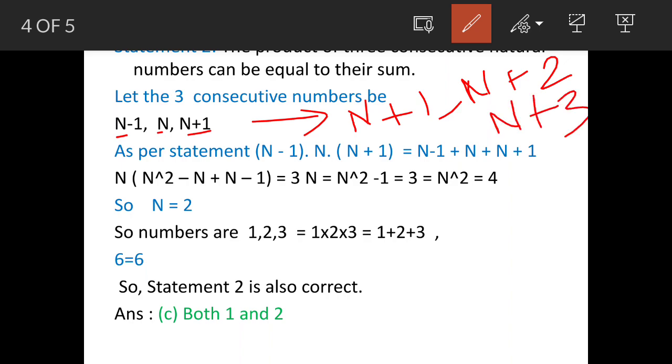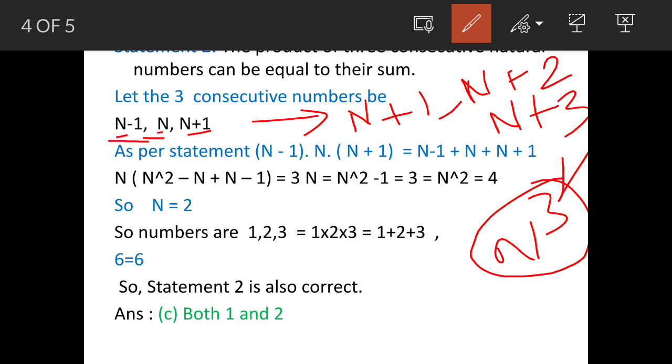The reason is that with that assumption, we'll get into n cubed, which means we have to find the cube root of n. Whereas if you have n minus 1, n and n plus 1, then this will be very easy to simplify, because the n plus 1 and n minus 1 will cancel many squares and cube roots.